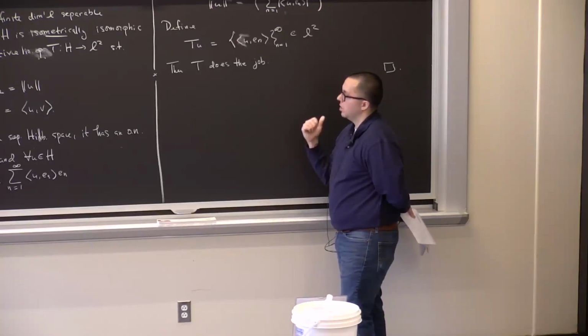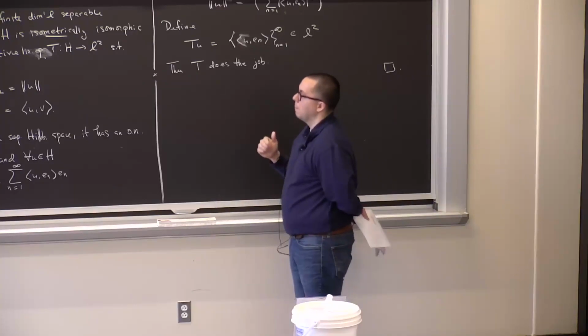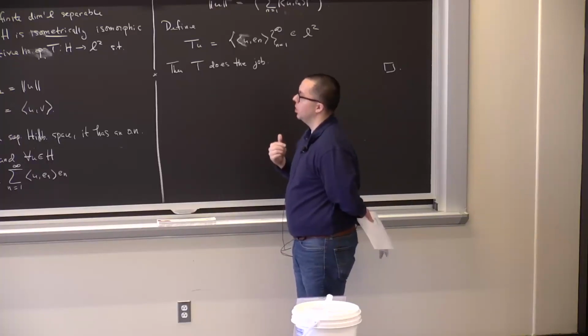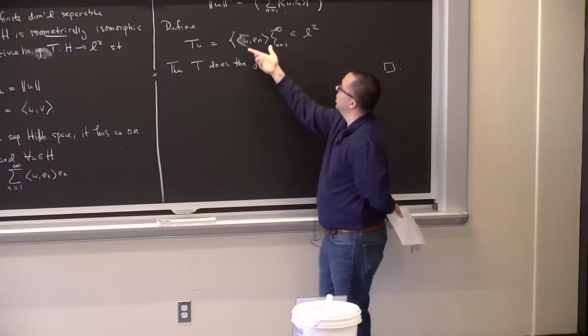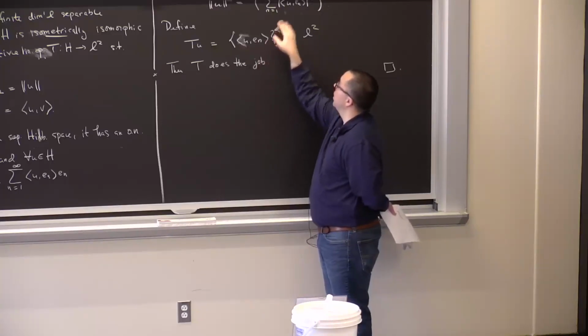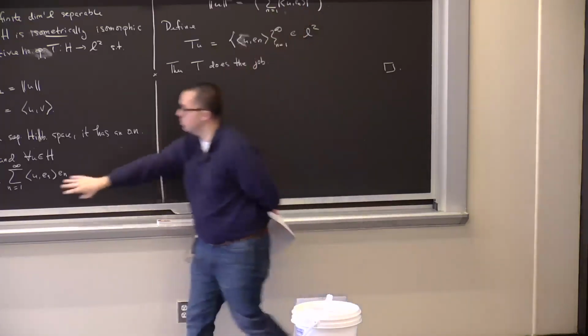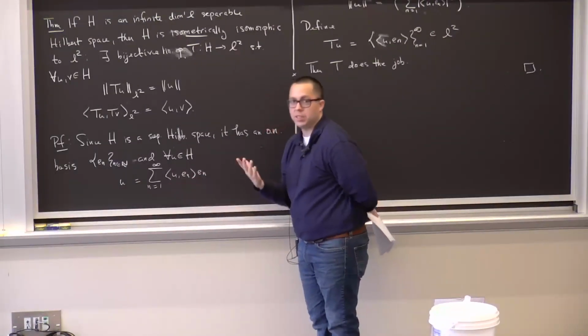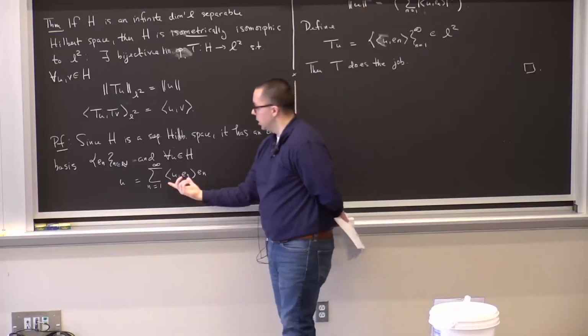The fact that it's surjective, again, it doesn't take too much to prove. You just showed that for every choice of a sequence in little L2, forming such a sum, so label these Cn, so now you have just an element of little L2.